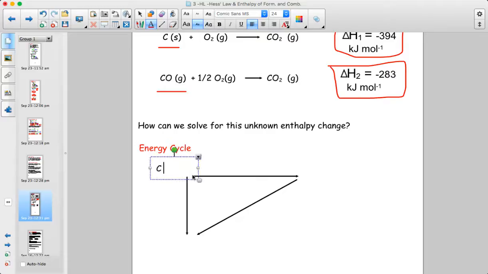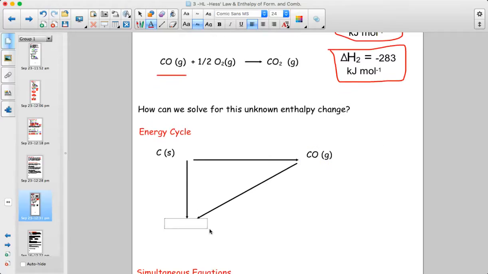If we take carbon, we can turn it into carbon monoxide, and then we can turn it into carbon dioxide, or we can do that directly all at once. And obviously there's some oxygen involved, so we need an O2 molecule in order to completely combust it.